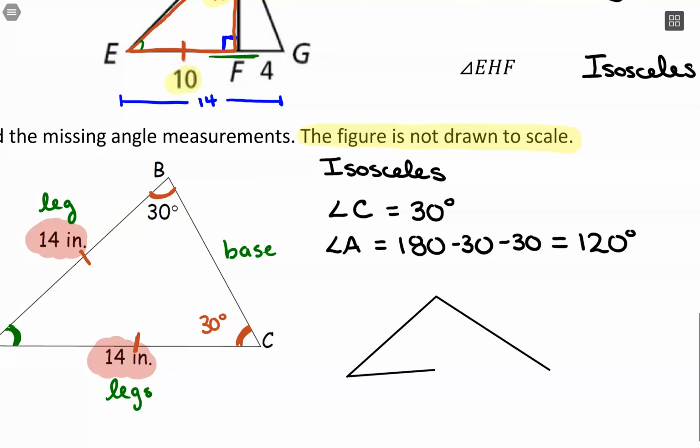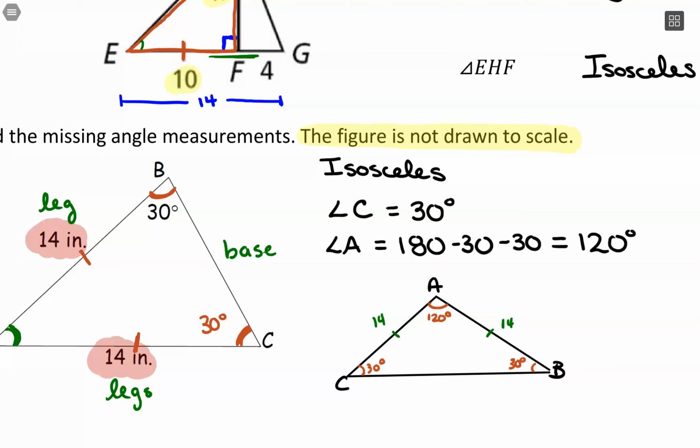This isn't going to be perfect, since I'm doing it by hand, but it's probably a better representation: 120 degrees, 30 degrees which is acute, 30 degrees which is acute, and the same side lengths of 14 and 14. That would be a better picture for what we're seeing with A, B, and C.